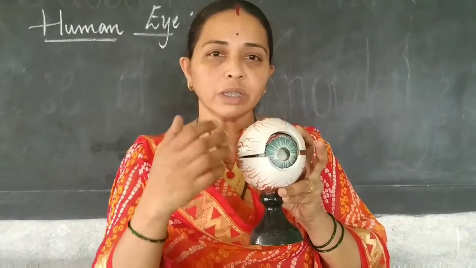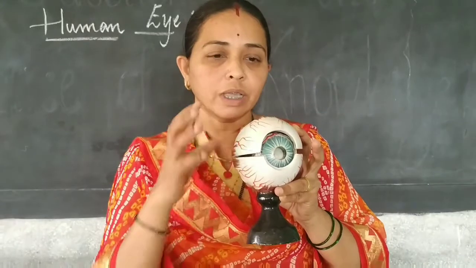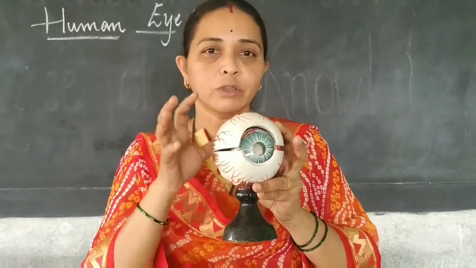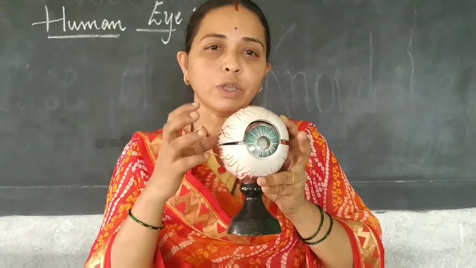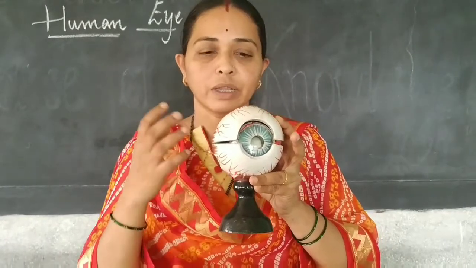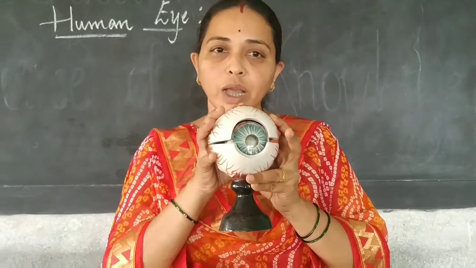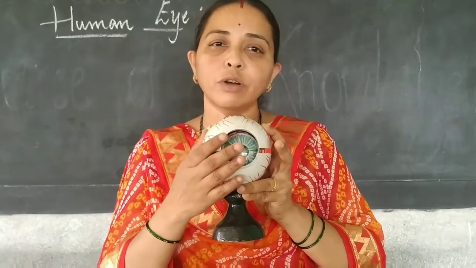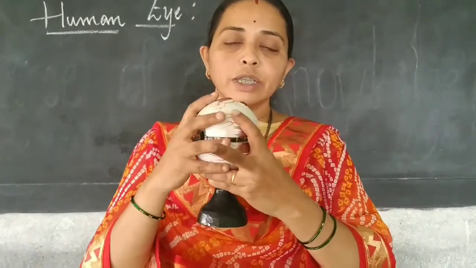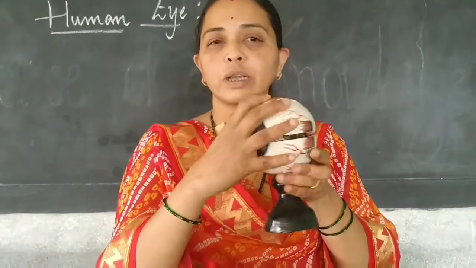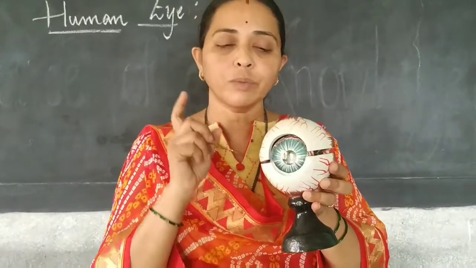There are many organs inside where this system is working. So let's study those organs which are continuously working for the sensation of light. The human eye, or any animal's eye, works on the sensation of light.